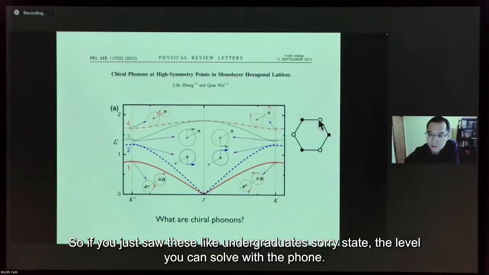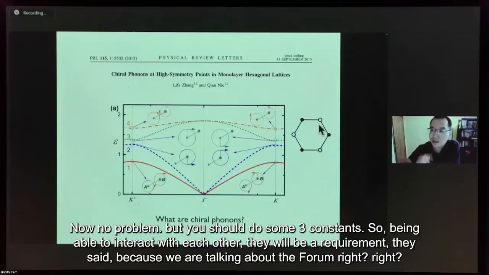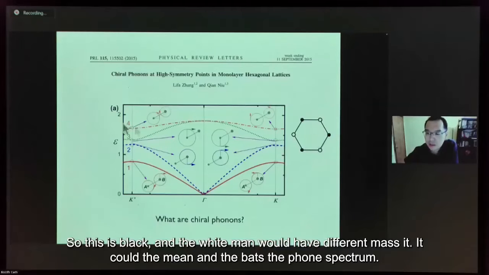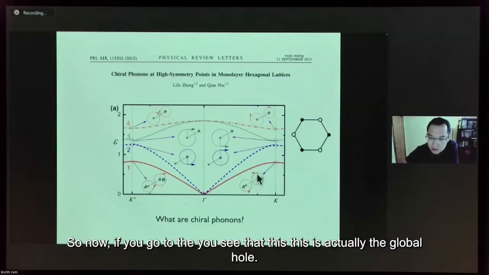If you solve this at an undergraduate solid state level, you can solve the phonon problem by introducing some spring constants so that the atoms interact with each other. The only requirement is that, because we are talking about boron nitride, the black atom and the white atom have different mass. You put them in, and that's the phonon spectrum you get. Now, if you go to this mode at the k value, this A and B is A and B here, but this is actually their normal mode.